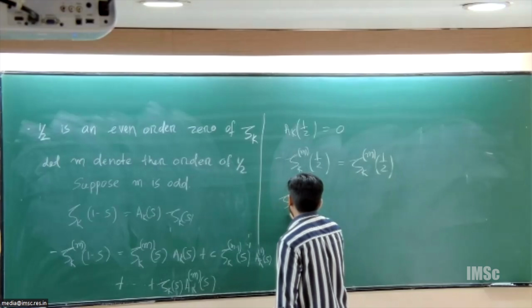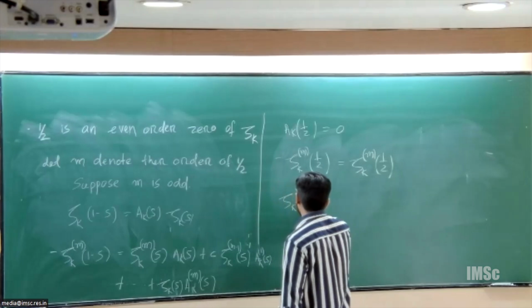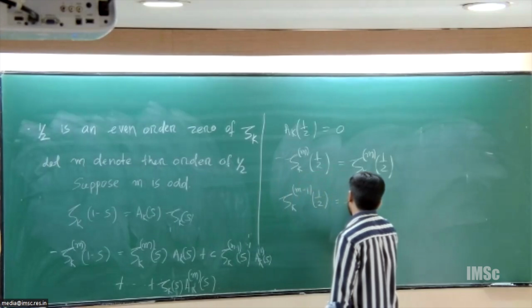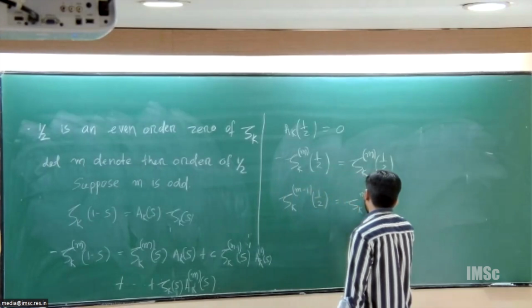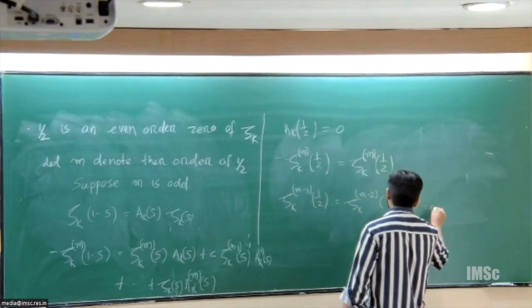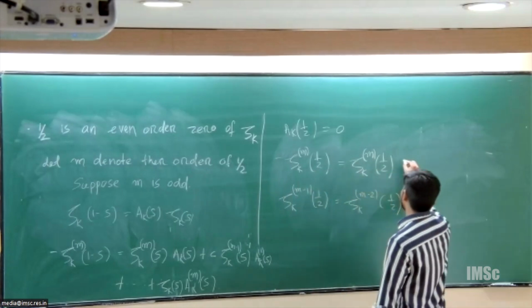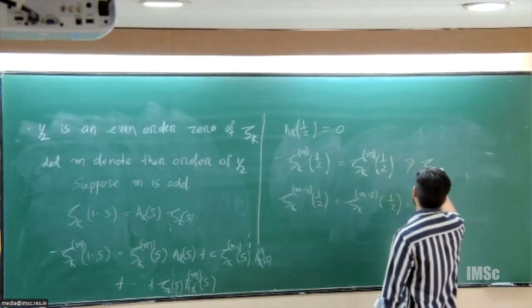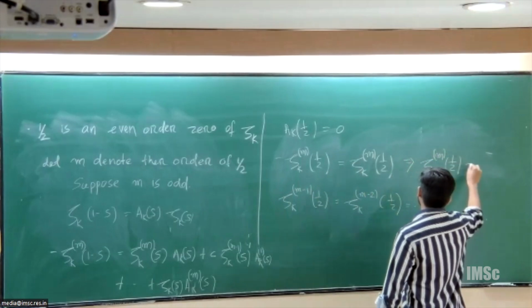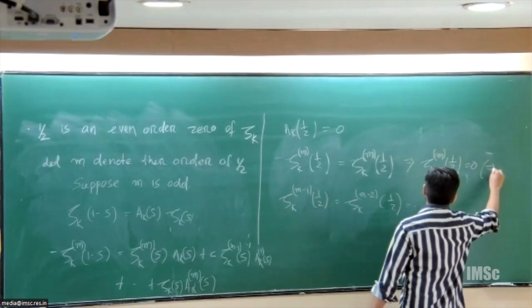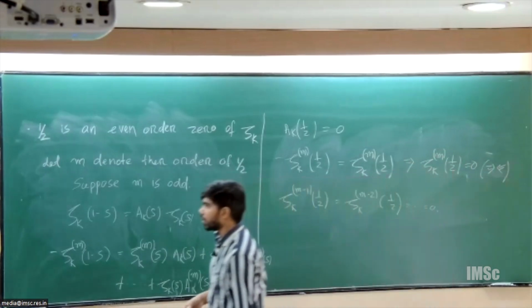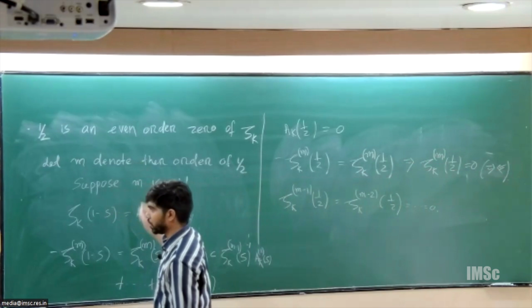So zeta_K^(m-1) of half equals zeta_K^(m-2) of half, and these things are 0. So from this we can say that zeta_K^(m) of half is 0. This is a contradiction because half is an mth order zero. So the order of zero at half cannot be odd.